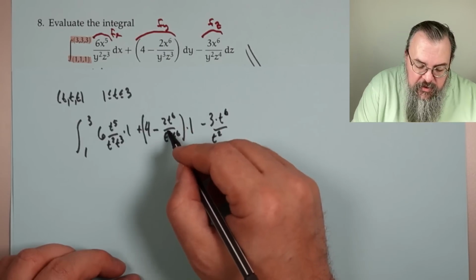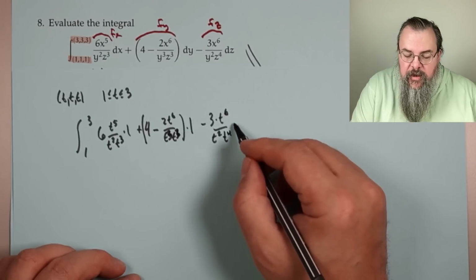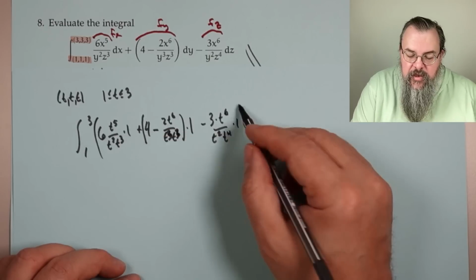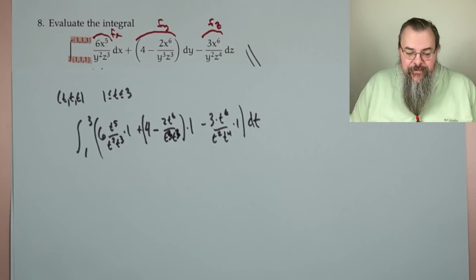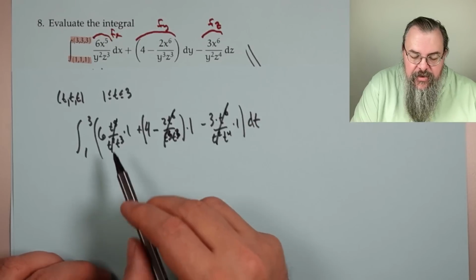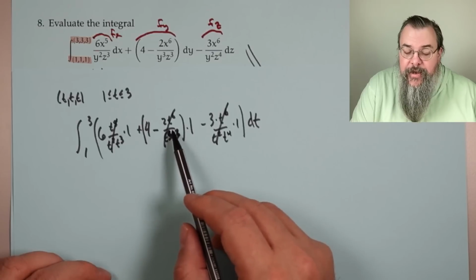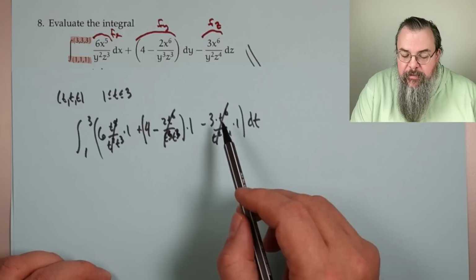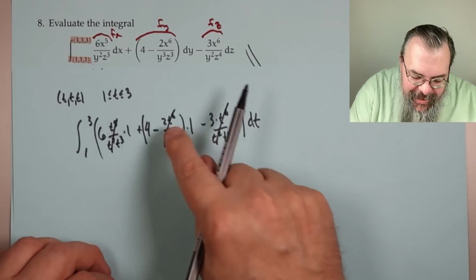Oops, I said t^6, that's t^3, t^2, t^4 times 1 dt. Since it doesn't depend on the curve, pick a nice curve. Now, you'll see all your powers of t cancel, so you have 6 plus 4 minus 1, and then minus 3. And, whoop, forgot that 2.